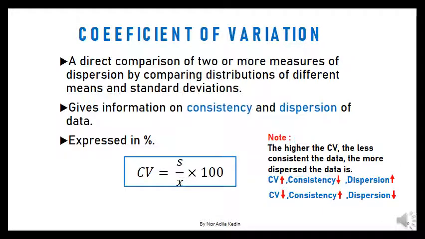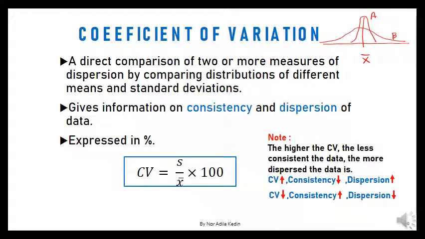So, before this, okay, saya ada bagi tahu contoh macam ni. Jika you ada dua distribution yang mempunyai mean yang sama, okay, A dengan B, kita katakan B is more dispersed than A. Okay?